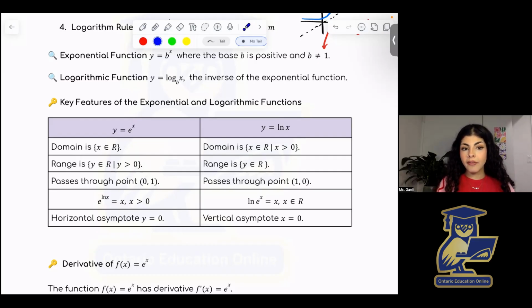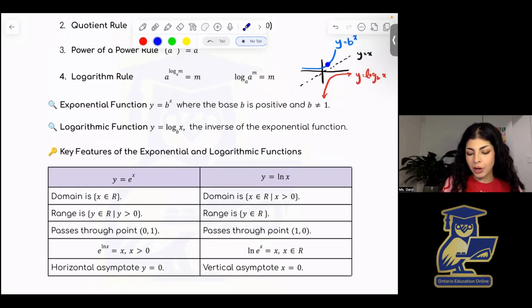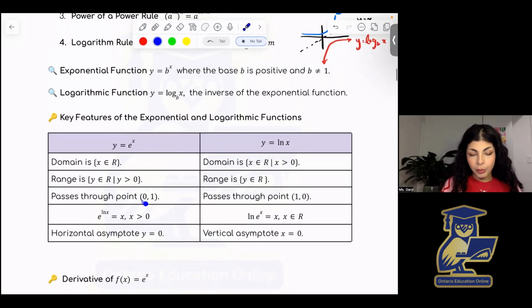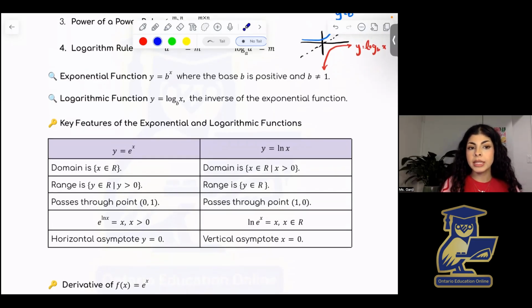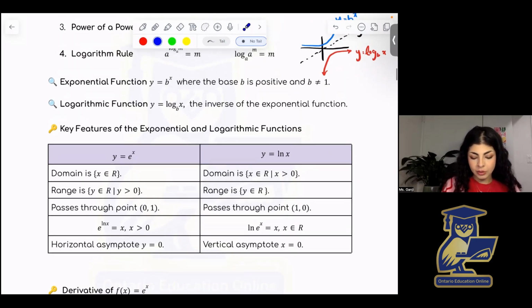So we cannot have an output that is less than 0 or even equal to 0. And that's what we see here. We see that we are approaching the y equals 0 line, but we don't actually reach it. It does also pass through the point (0, 1), which is part of the exponent properties. When you have anything to the power of 0, that is equal to 1. So same with here. If we have e to the power of 0, this is equal to 1.